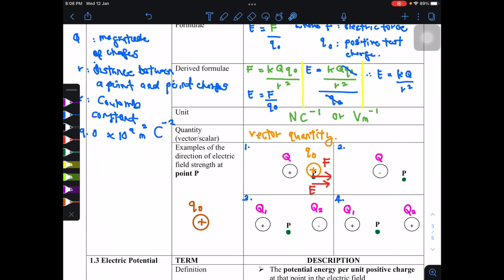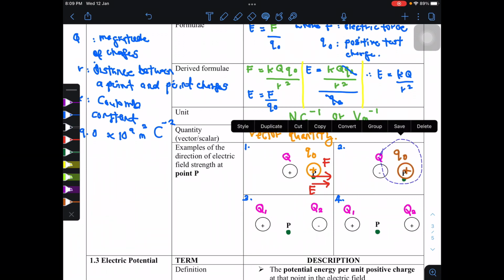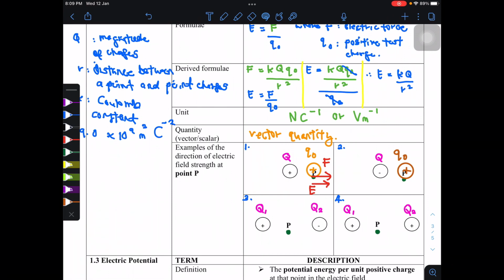In this example, I have the negative point charge, and this is my point P. If you want to show the direction of the electric field strength at the point P, I will put a positive test charge at point P. So here I take this positive test charge and locate it at point P. Now my point charge is a negative charge and my test charge is a positive charge.